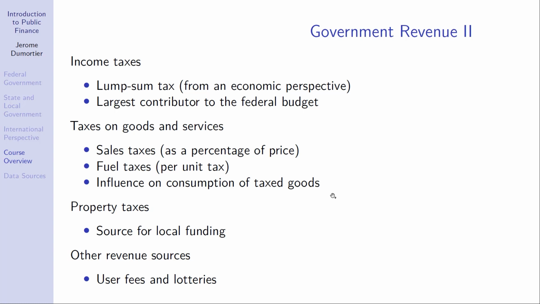For local funding, we are also going to look at property taxes, which of course is a very big source of revenue that can be spent on education and public safety. We are also going to look at other revenue sources that are, for example, fees or lotteries.